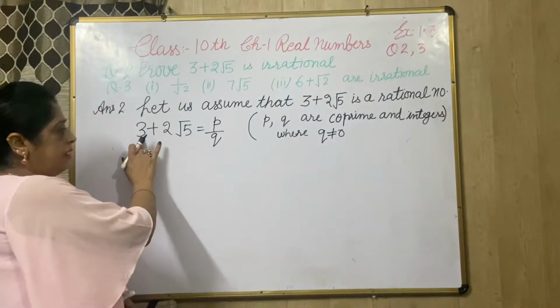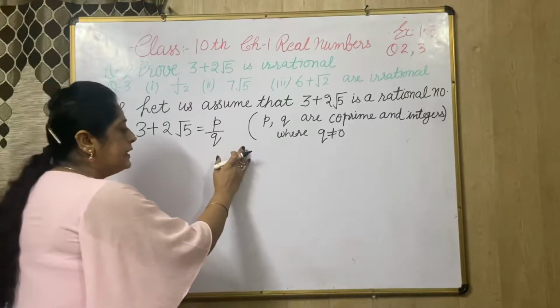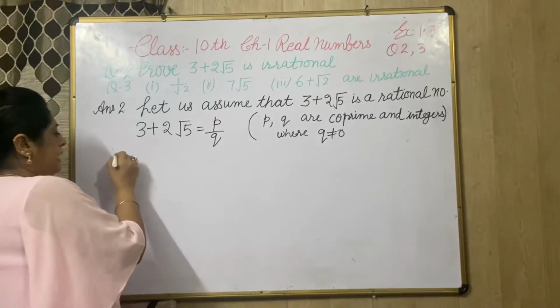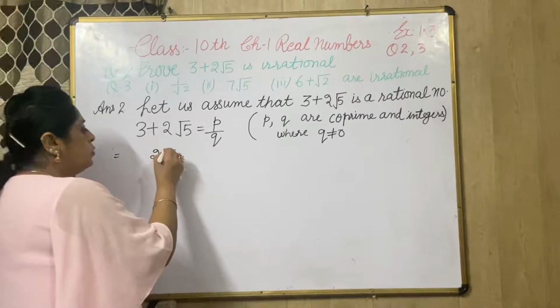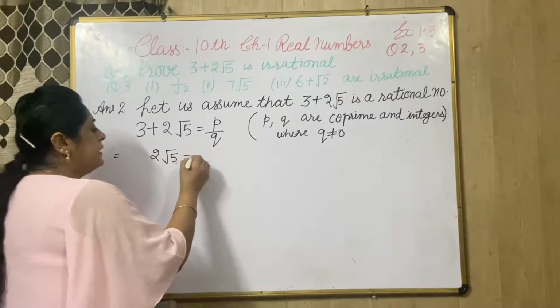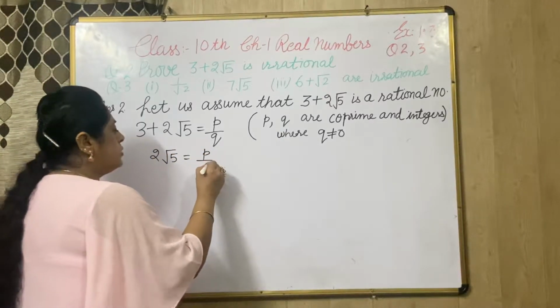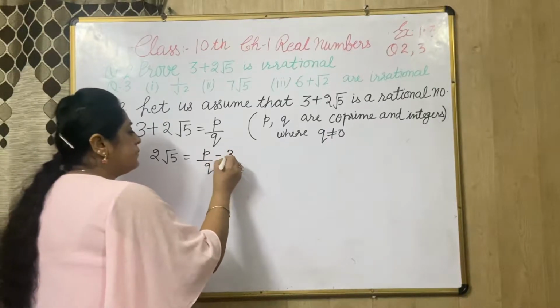Now this 3 comes to the right hand side, and we can write 2 root 5 is equal to p by q minus 3.